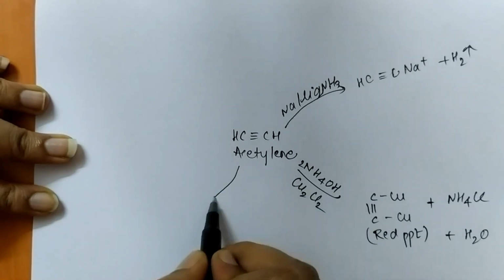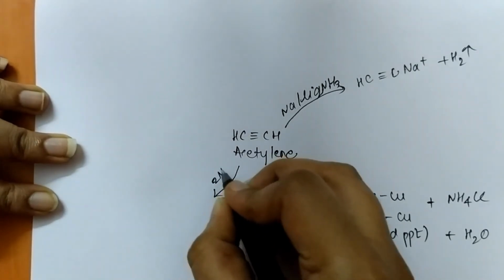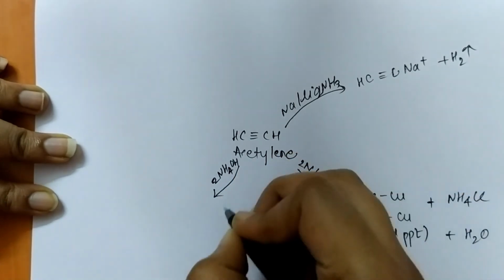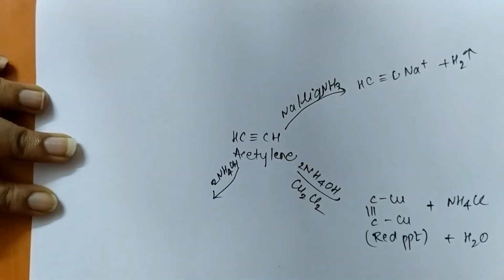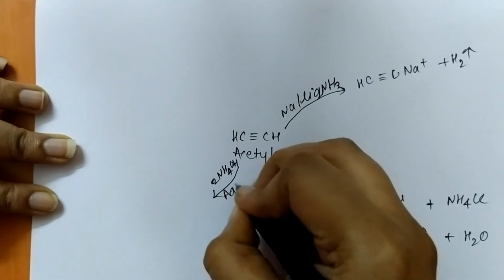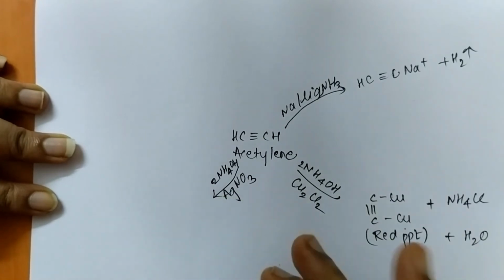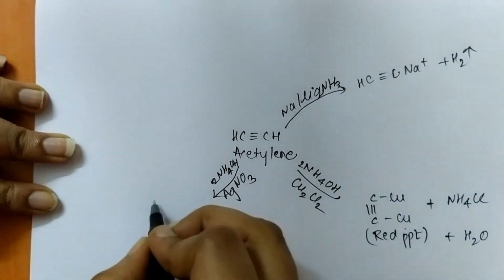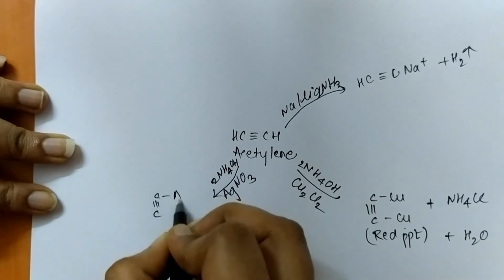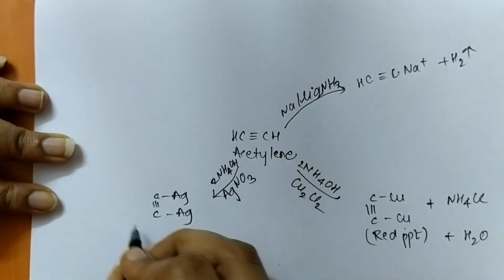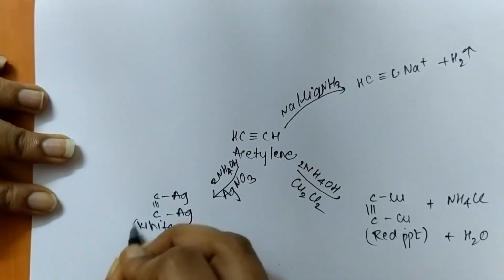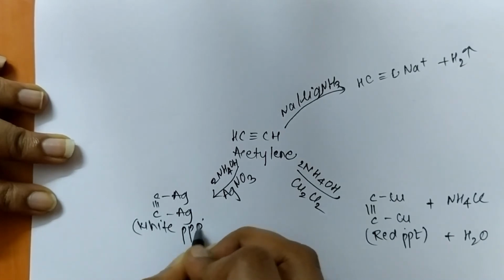Now, when this molecule reacts with two molecules of NH4OH, in the presence of silver nitrate, then we are going to get a white precipitate. That is, instead of these copper atoms here, we are going to get Ag, that is, silver atoms. And therefore, we are going to get a white precipitate.